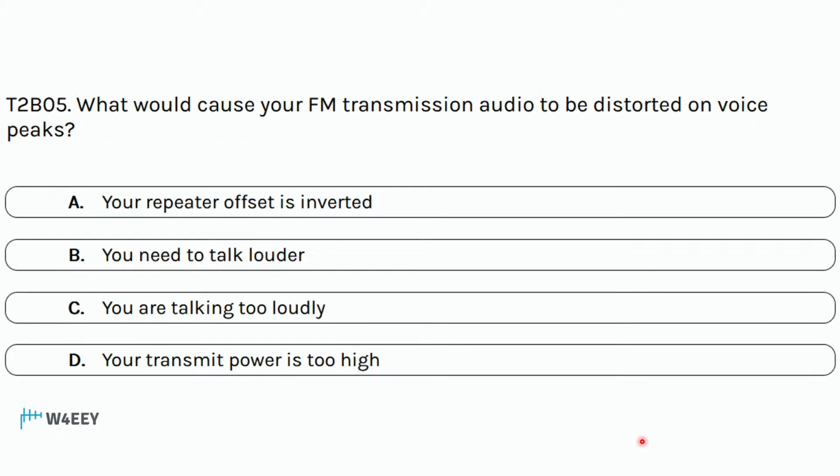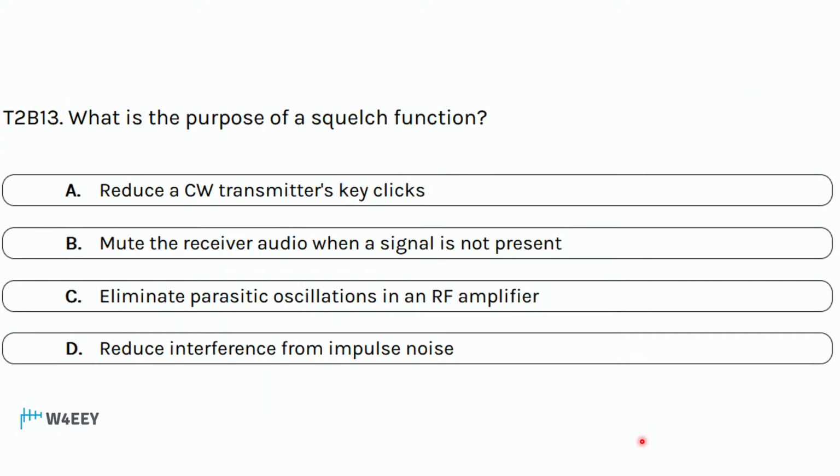So what would cause your FM transmission audio to be distorted on voice peaks? I didn't specifically mention that, but yes, you could be over-deviating just by talking too closely to the microphone or too loudly, and the way you can solve that is just by holding the radio further away from your mouth.